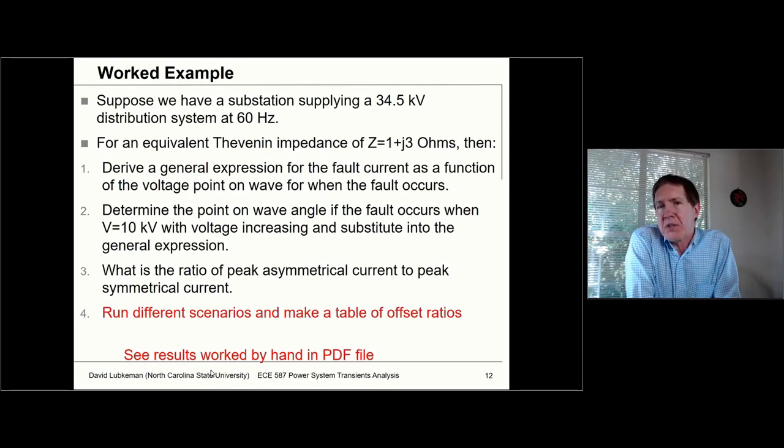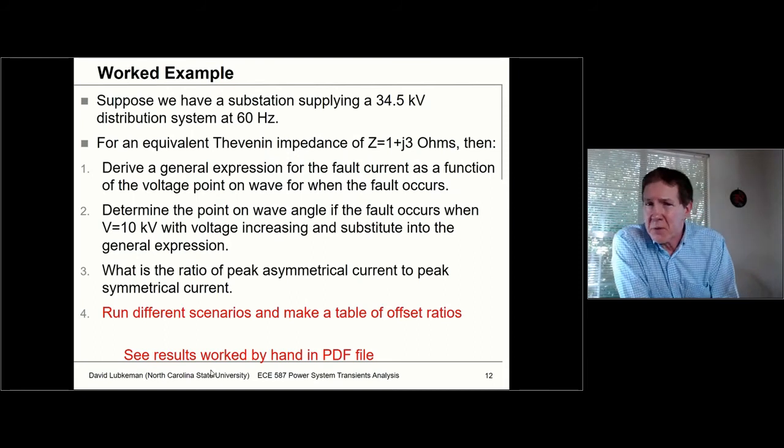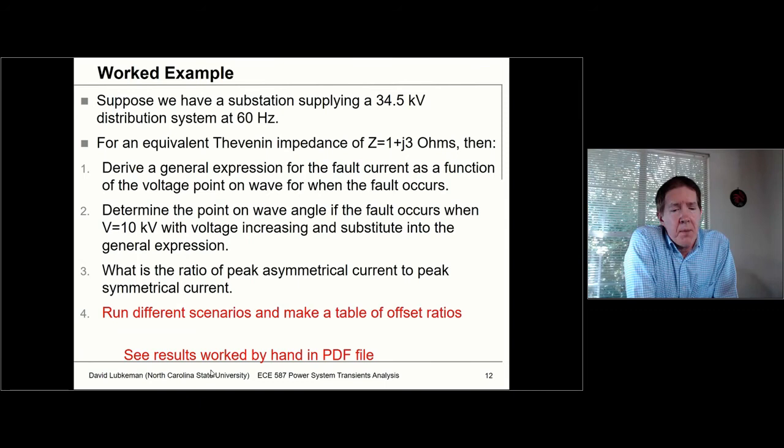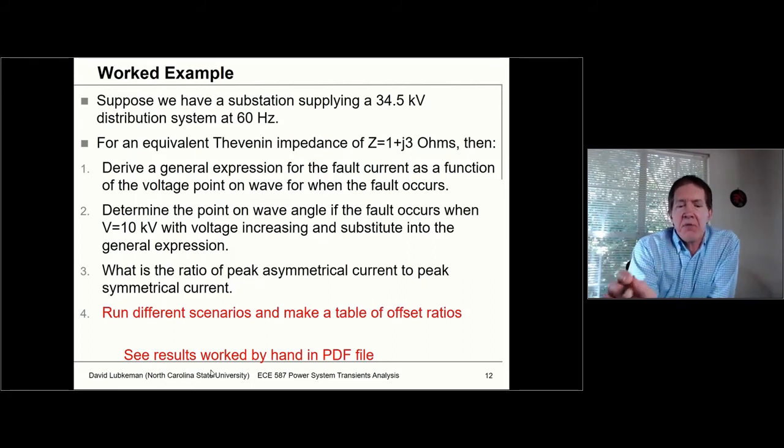Sometimes in some of these problems I'll give you a per unit reactance, and you'll have to convert that to inductance. But for this particular problem, I'm going to work this in a separate video and show you how you can go through the steps of calculating what the current's going to be.